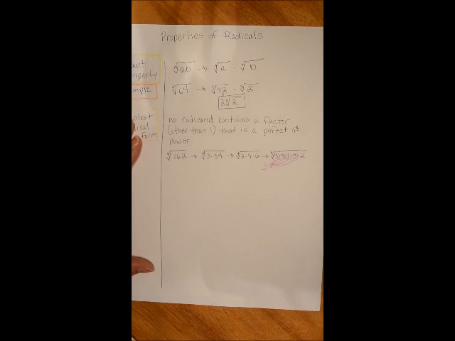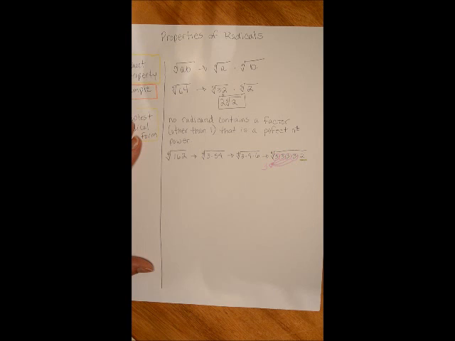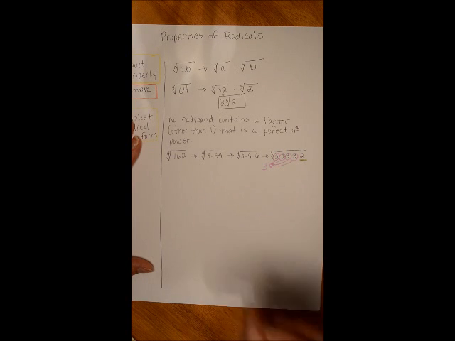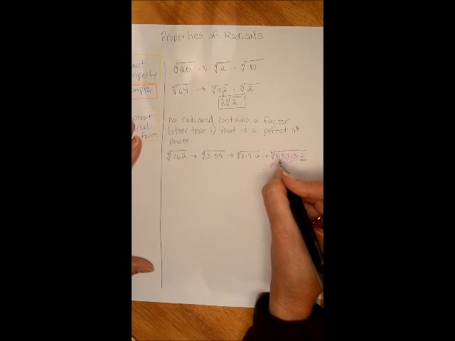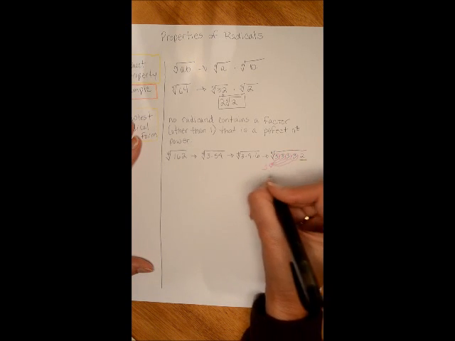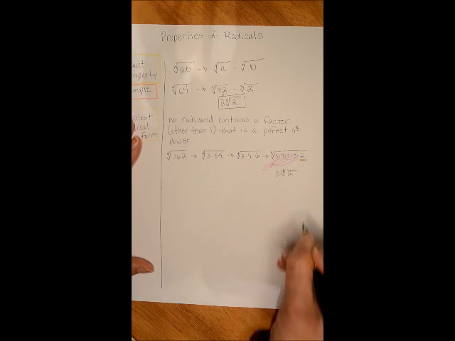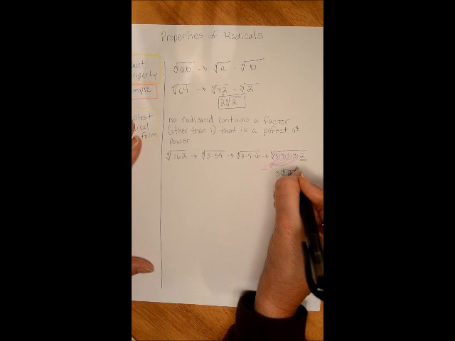It comes outside. But I have this one left right here. He didn't have anybody to join, so that 2 is just going to stay right underneath the radical sign. My answer here is going to be 3 fourth root of 2. There's my answer.